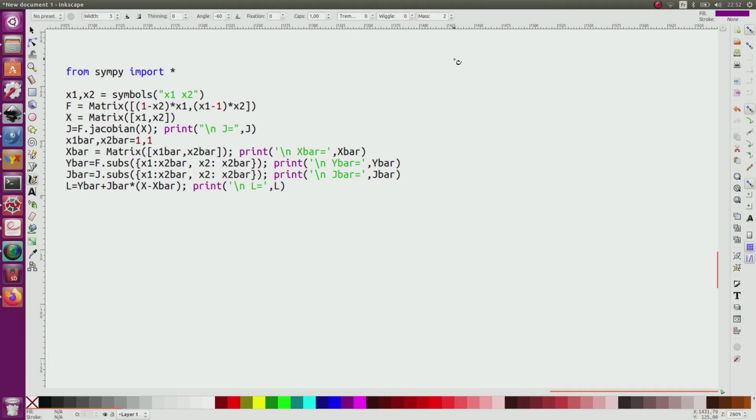Now recall that the evolution function f of x1, x2 for my system is equal to 1 minus x2, x1 and minus 1 plus x1 multiplied by x2. So I define f, the expression for f. It is defined here. Then I will also define the vector capital X, which corresponds to x1, x2.